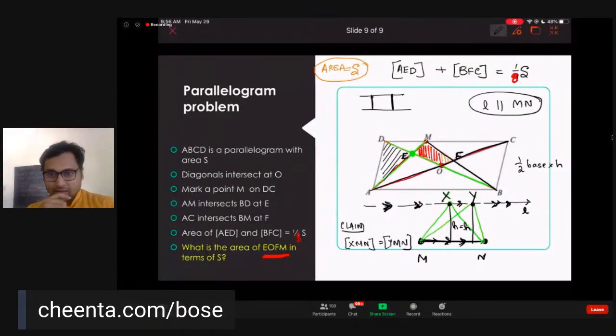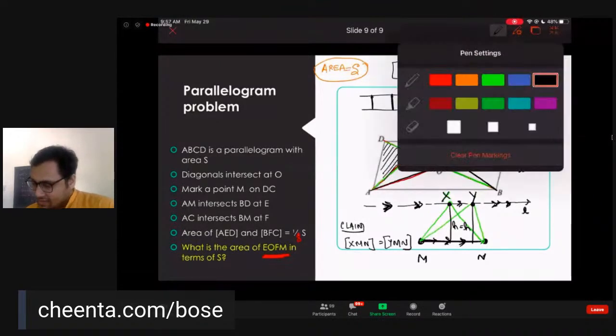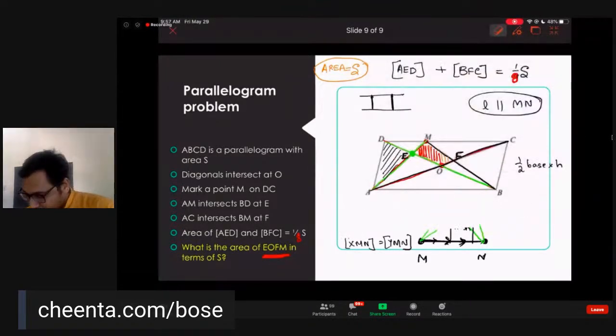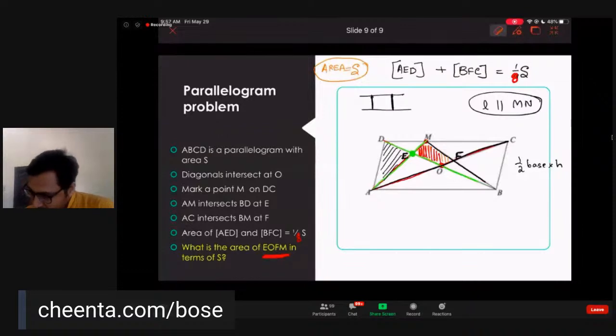Anyway, coming back to this, we want to use this result in the setup that we have here. The triangle AMN area is equal to something.